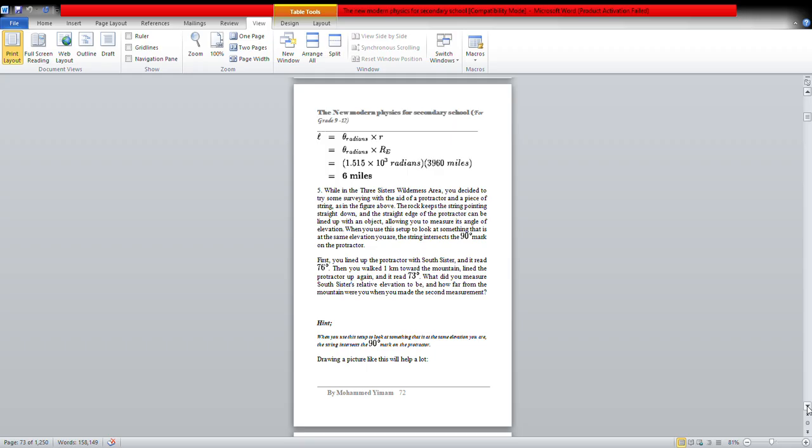Hint: when you use this setup to look at something that is at the same elevation you are, the string intersects the 90-degree mark on the protractor. Drawing a picture like this will help a lot.